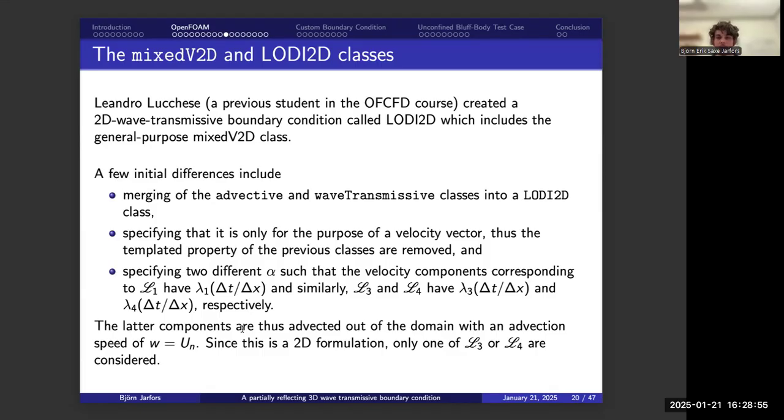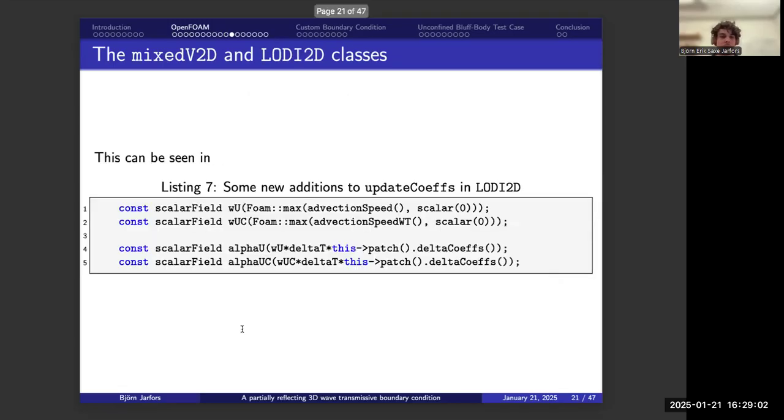Since it's 2D, there's only one of L3 and L4 that is included. And in his code, you can see here where he includes two advection speeds. One is based on the wave transmissive part, one is based on the advective part. And later here as well, the alpha is based on the advective part, and then here the wave transmissive part.